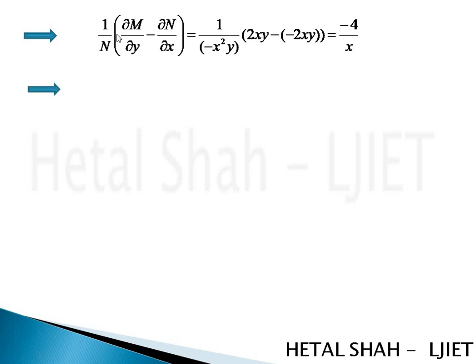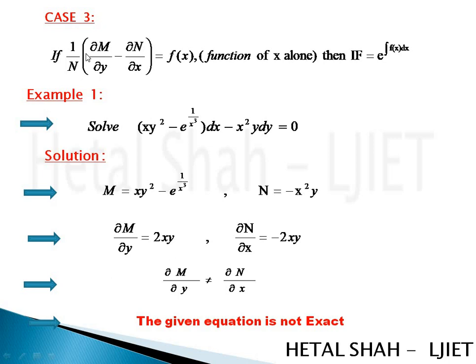Again I recall, this term is equal to f(x), a function of x alone. Then and only then can you apply this integrating factor. If the answer for this term contains both variables x and y, then you can't apply this integrating factor.